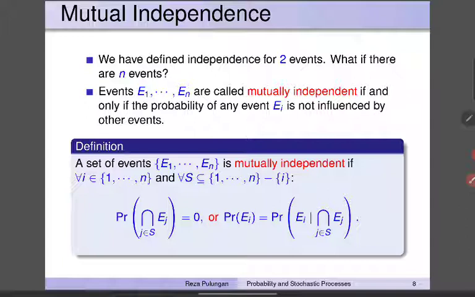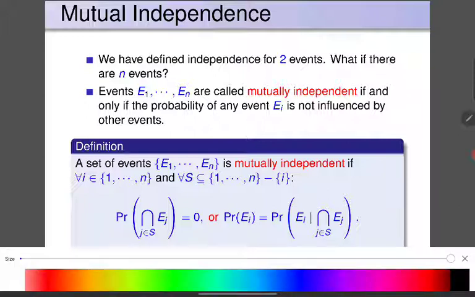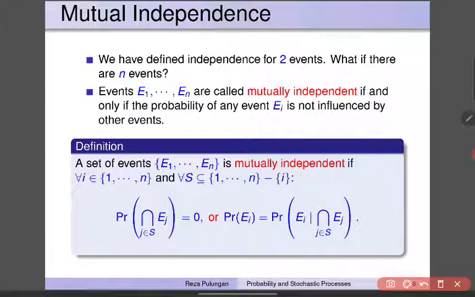This part here basically replaces our condition that the probability of B is not equal to 0, and this part basically just replaces the probability that A given B is equal to the probability of A. Namely, take any event Ei, the probability of Ei is just the same whether or not you assume the other events, the intersection of Ej, j inside of S, to happen.